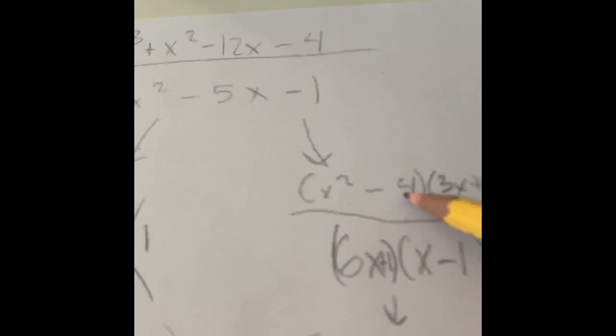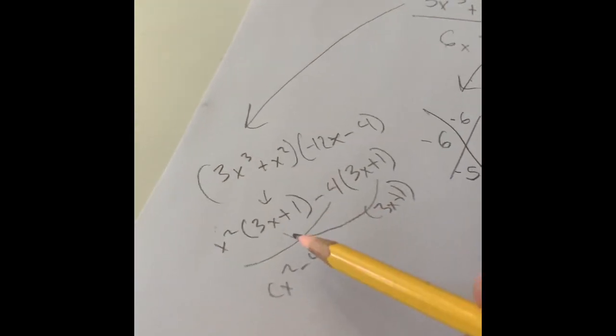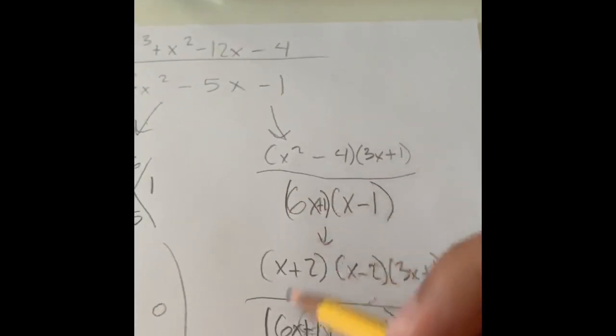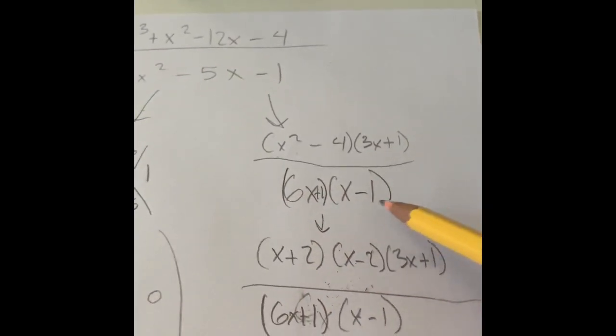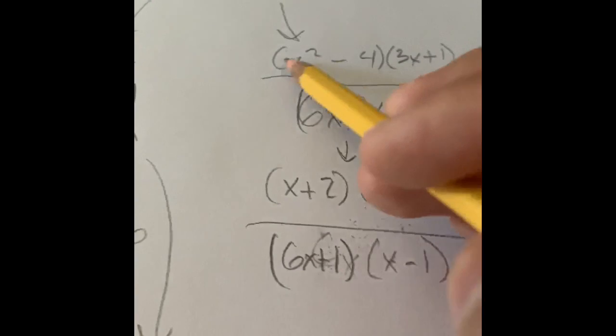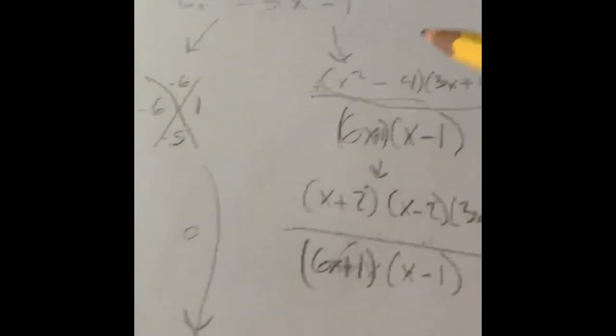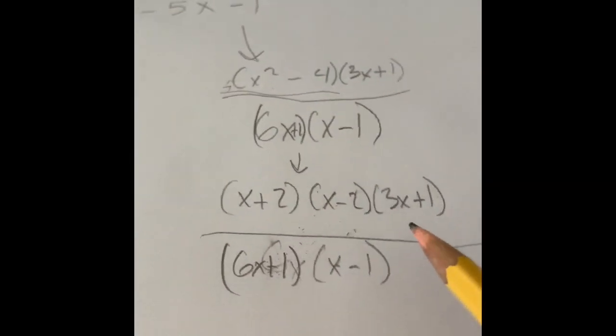From here, it goes to the factors we got here, which are x squared minus 4 and 3x plus 1 over 6x plus 1 over x minus 1. And then we can simplify x squared minus 4 into x plus 2 and x minus 2, so that's what I did.